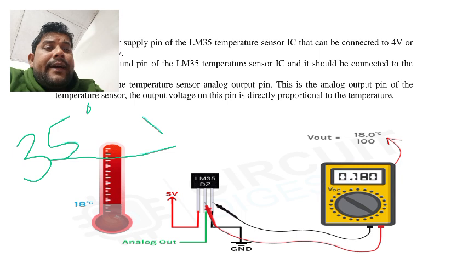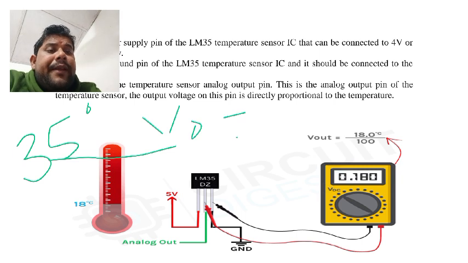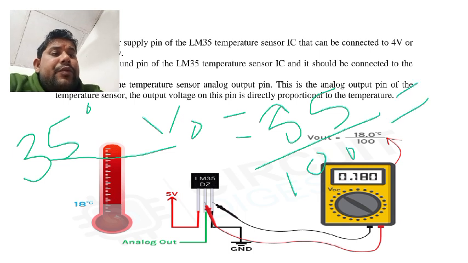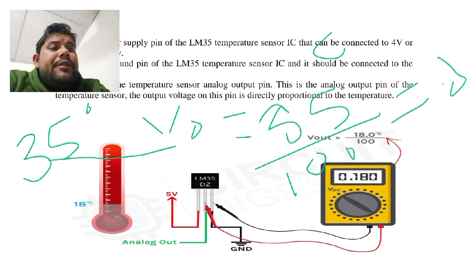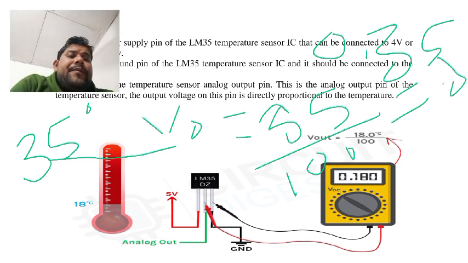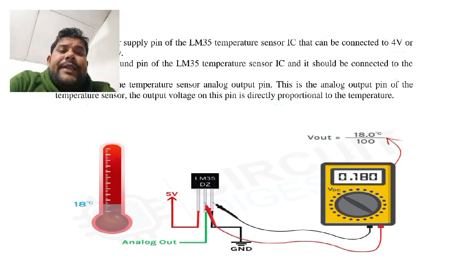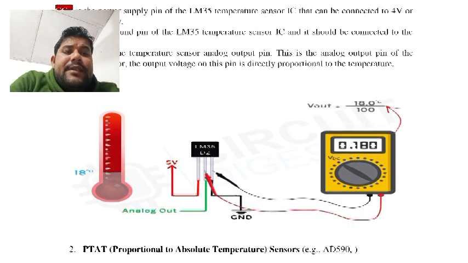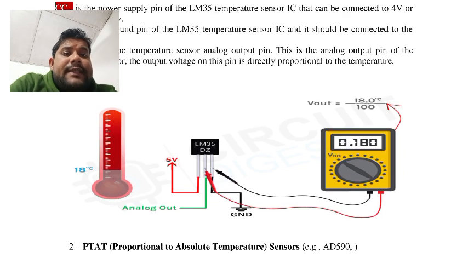Then we can write the output of the system as 35 divided by 100, equal to 0.35. In this way, each time the temperature changes, the output of this IC changes.